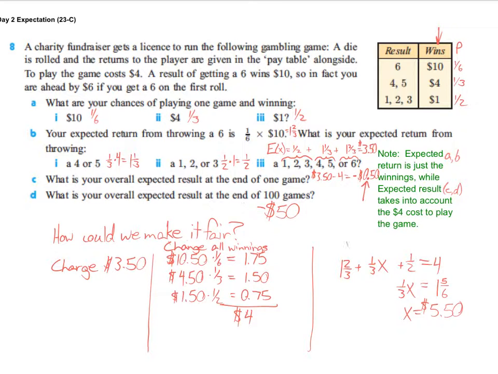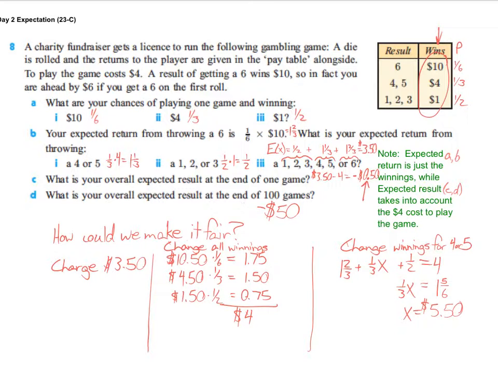This 1.50, 4.50, 10.50, we changed all of the winnings up by 50 cents. Okay, so we just shifted it all up 50 cents.